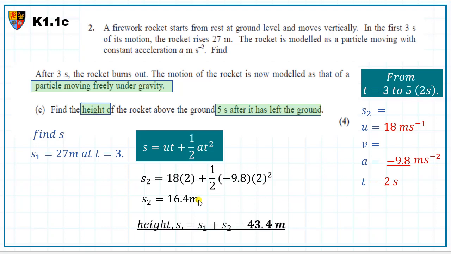So to get the total height s, we need to add what happened in the first 3 seconds to what happens in the next 2 seconds to get the total height. So after 5 seconds, although the rocket is burning out, it's still going upwards, and it actually gets to 43.4 meters.